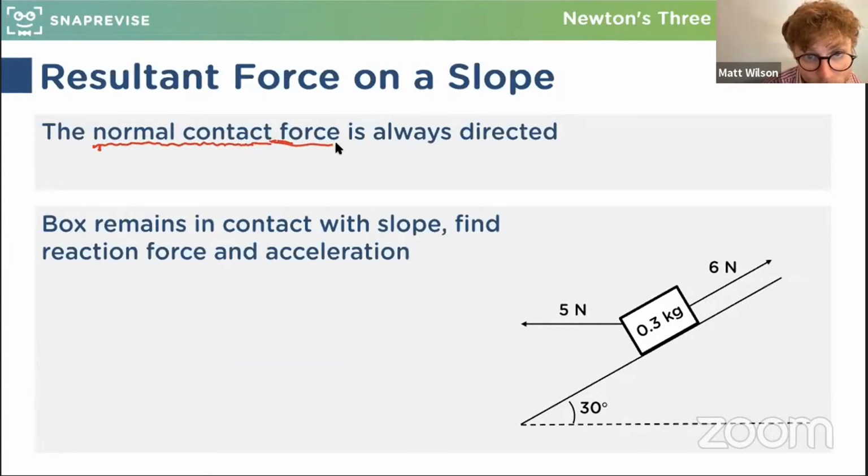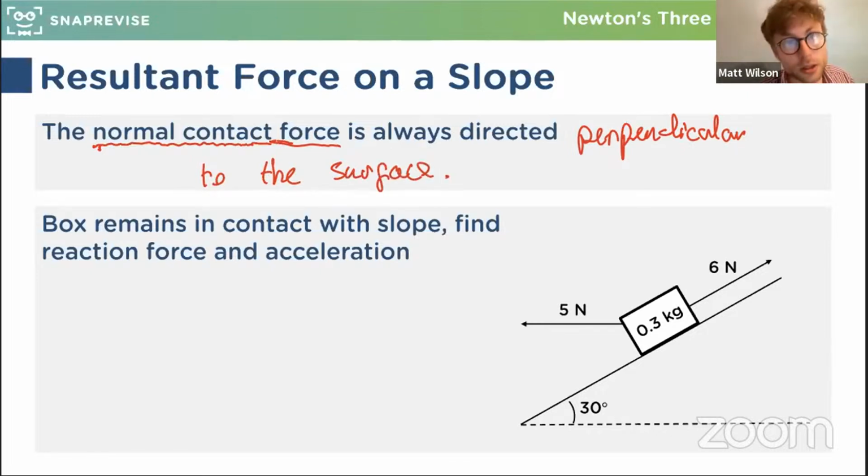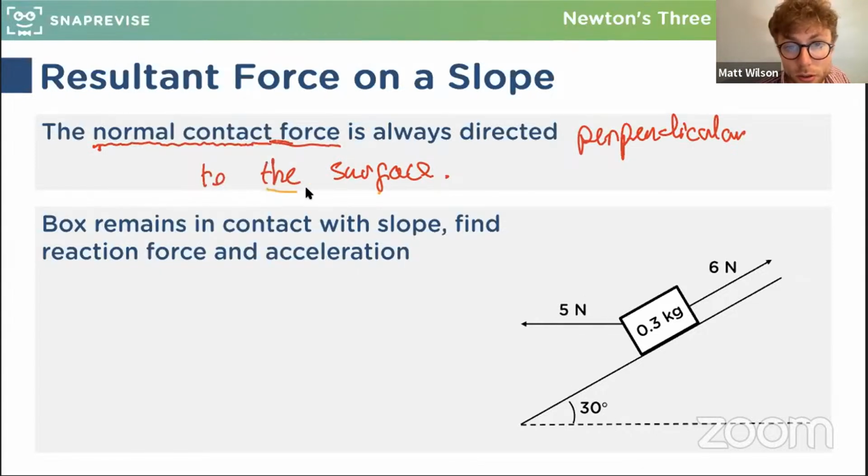We're going to talk about this normal contact force, the force by the surface on the object. I said before, normal means perpendicular. In other words, it's always perpendicular to, and this is important, the surface that the object is on. The surface exerts a force, and the force is perpendicular to that surface, not generally to the horizontal, as we will see in this question here.